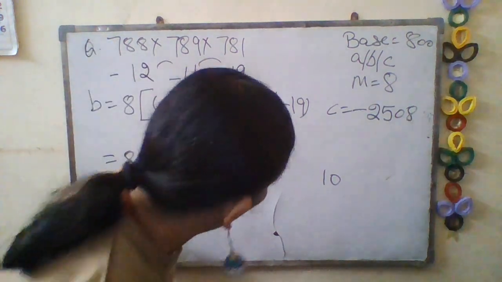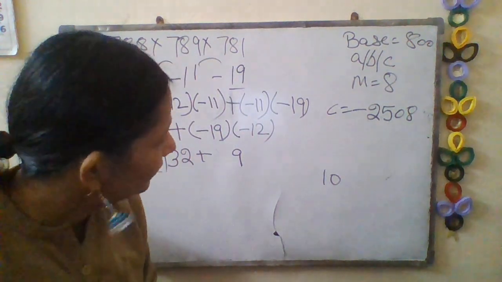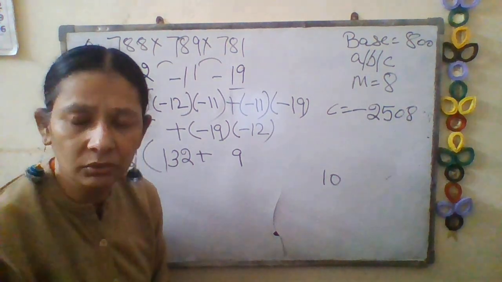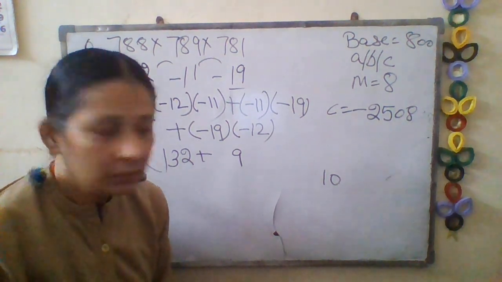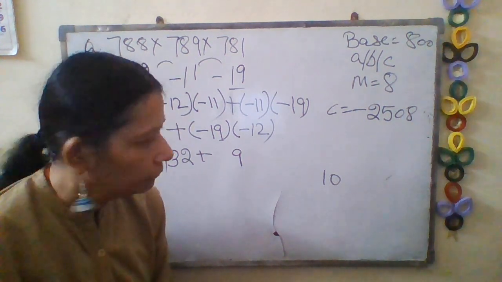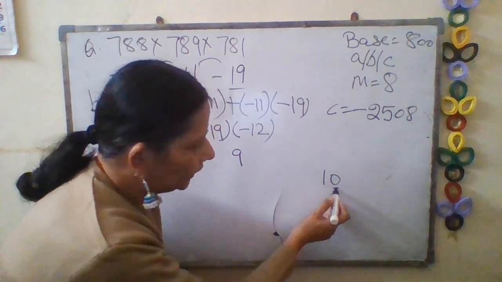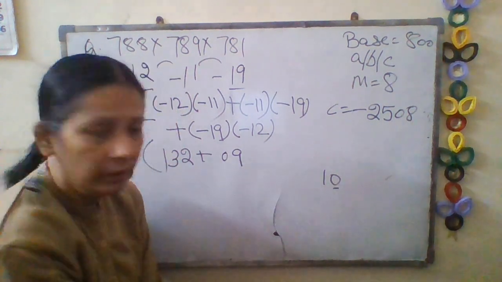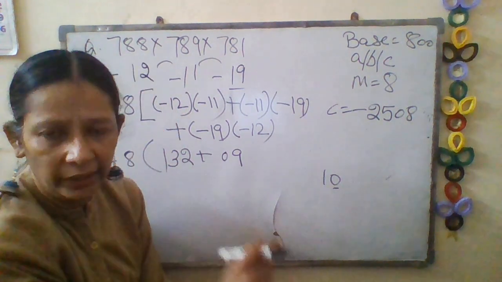See, this is important. Why did I discuss all the questions? Why am I discussing so many questions on the same topic? Definitely something is very important. Now you got 10. So 0 is at the unit place. You write down 0 only, and 1 you will carry forward.